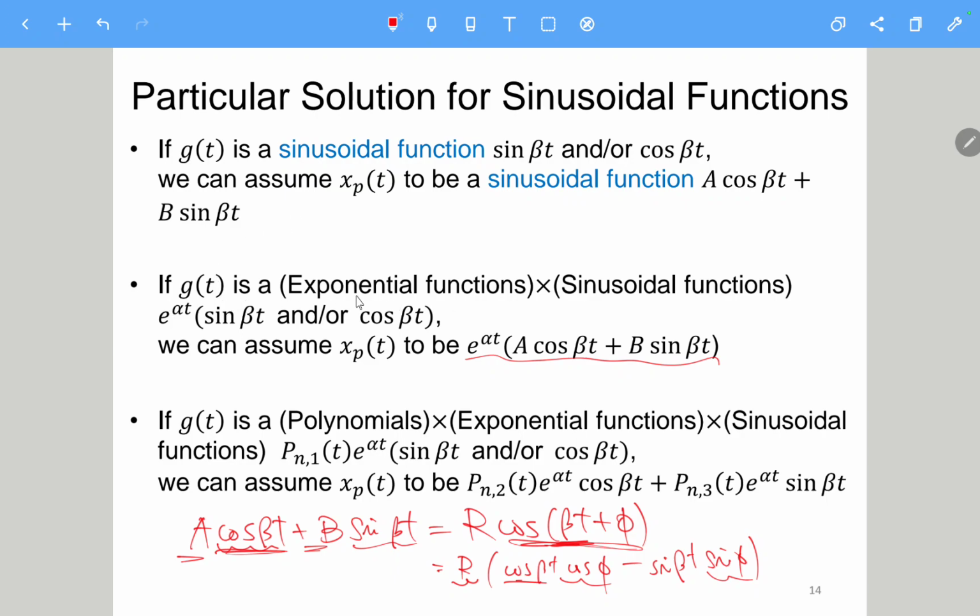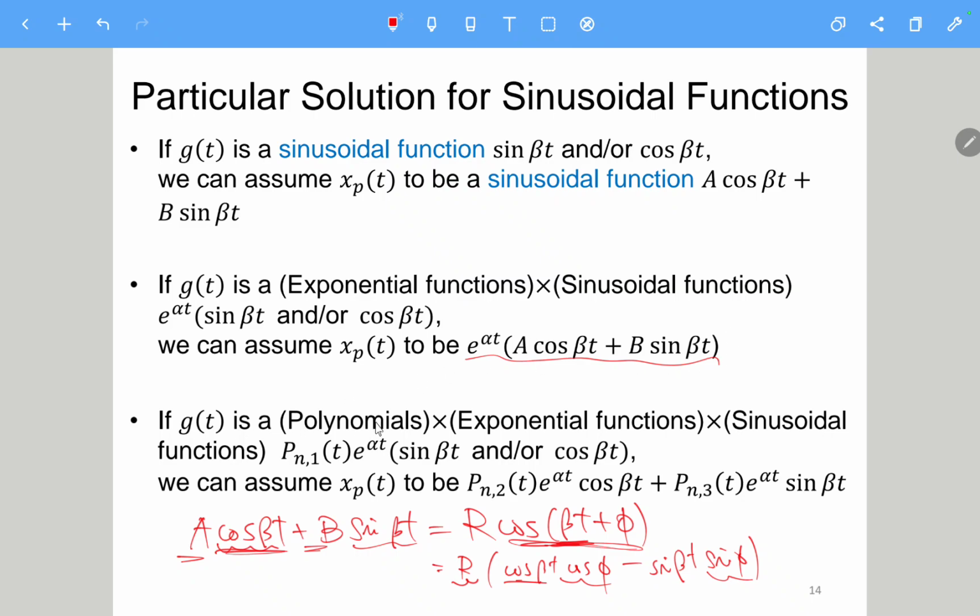And the second case is exponential times sinusoidal. So you can expect we can also assume the particular solution to be the same exponential multiplied by the linear combination of cosine beta t and sine of beta t.